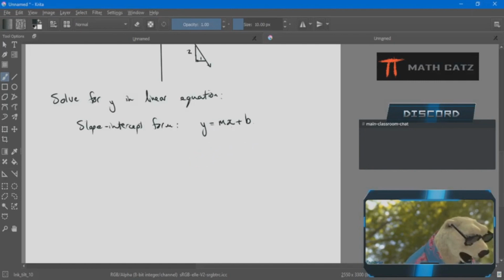Okay, so we have our slope-intercept form. Change in y over change in x. Slope and y-intercept.